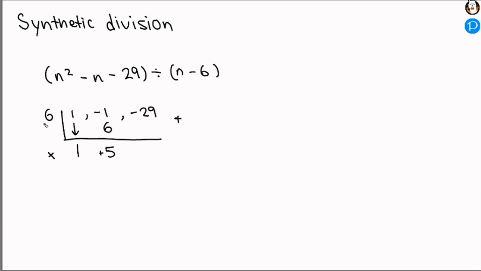Again, we're going to multiply 6 and then +5, which we're going to get 30. -29 plus 30 is going to give 1. 1 is going to be our remainder.